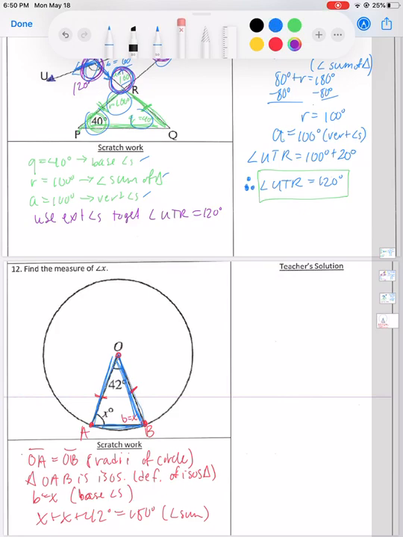Okay, let's move on here. So our teacher solution. We have that OA equals OB. The reason is radii of circle.